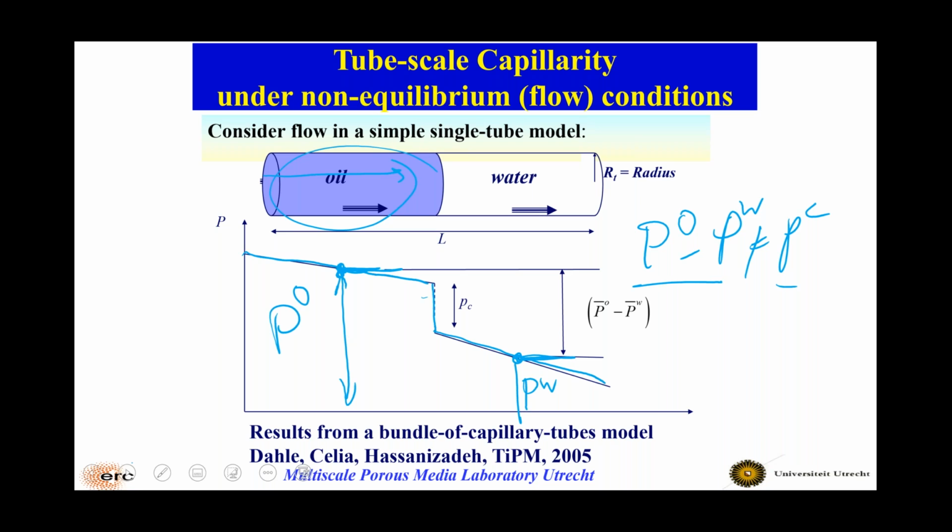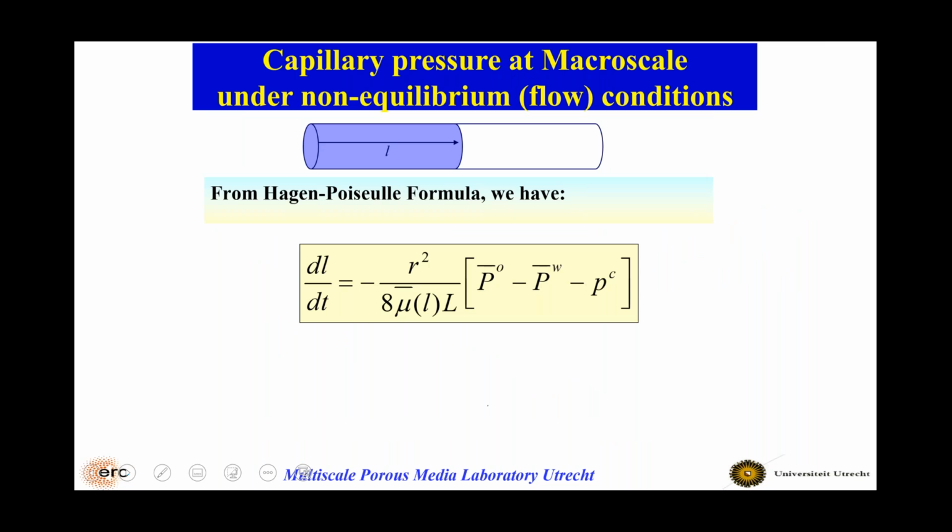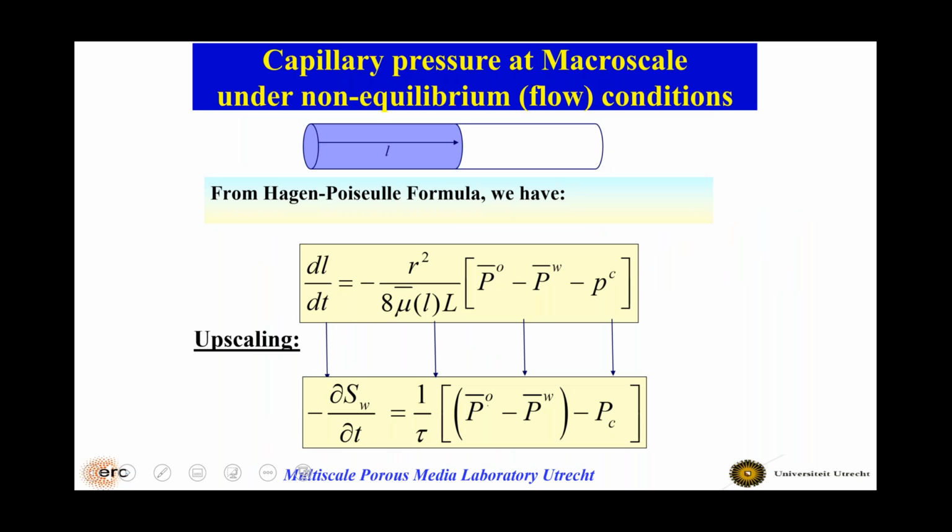We even calculated that, and we can find that under non-equilibrium condition, the average oil pressure minus the average water pressure is not equal to Pc, and the difference relates to how fast the drainage or the imbibition occurs.